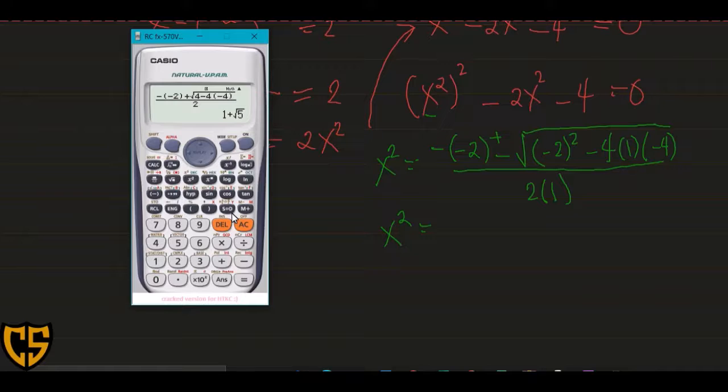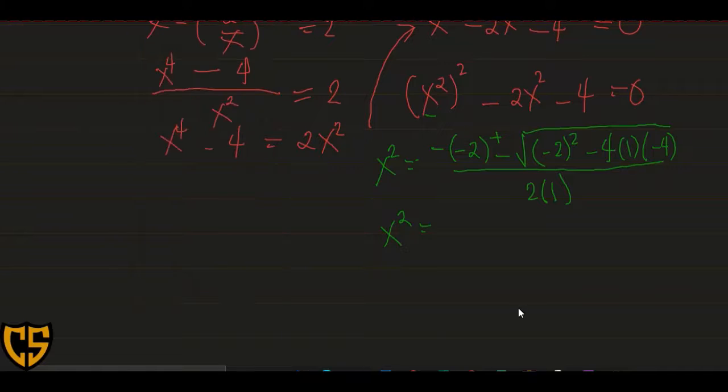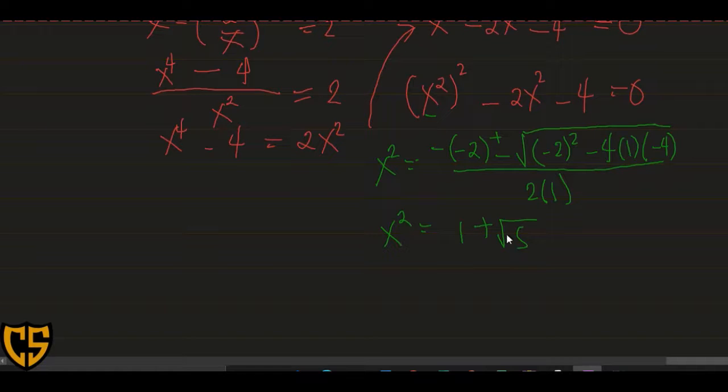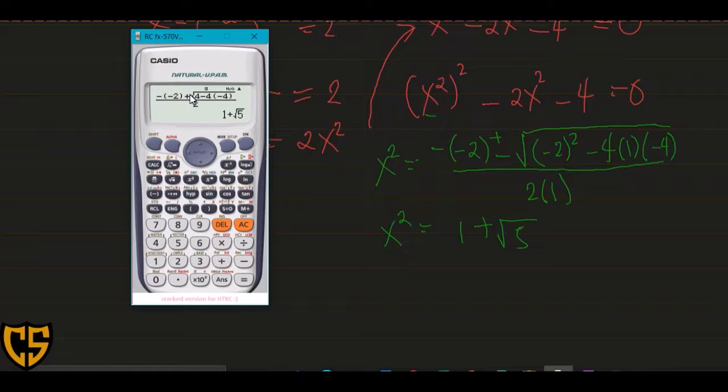So we have, okay, we have the value ng 1 plus square root of 5. So we have isang value nga 1 plus square root of 5. And, okay, try natin B kung minus ang r diri.